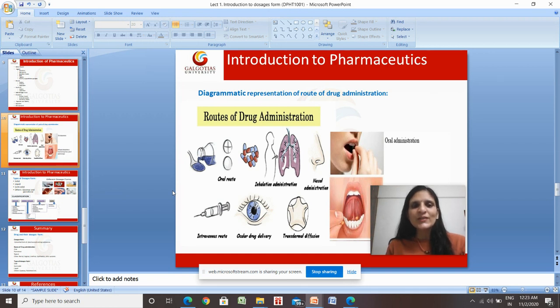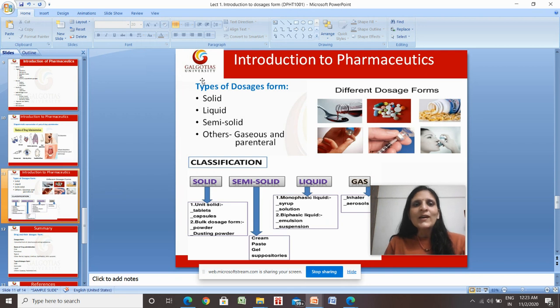Now go to the classification of dosage form. Types of dosage forms: solid, liquid, semi-solid, and other like gases and parenteral. Solid dosage form includes unit and bulk dosage form. Unit, for example, countable dosage forms, tablet and capsule.